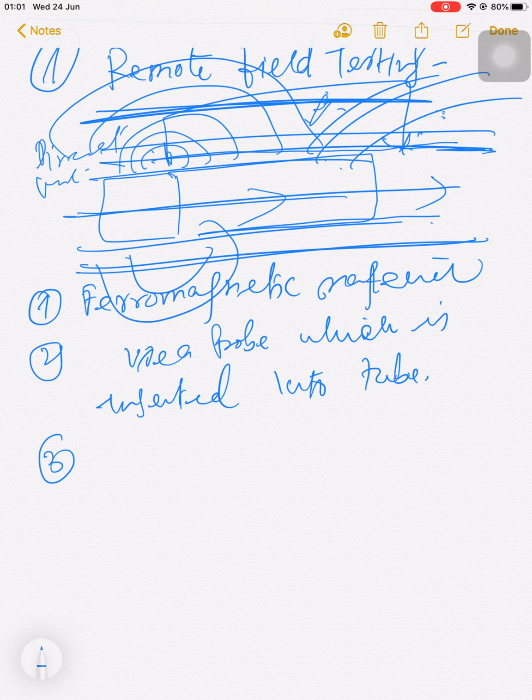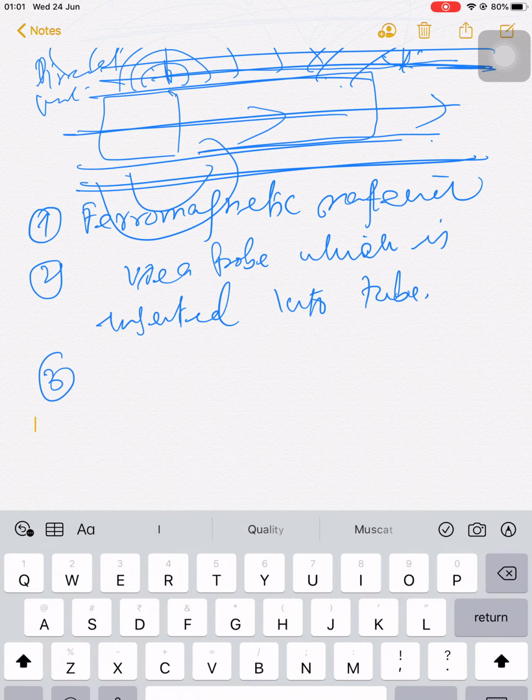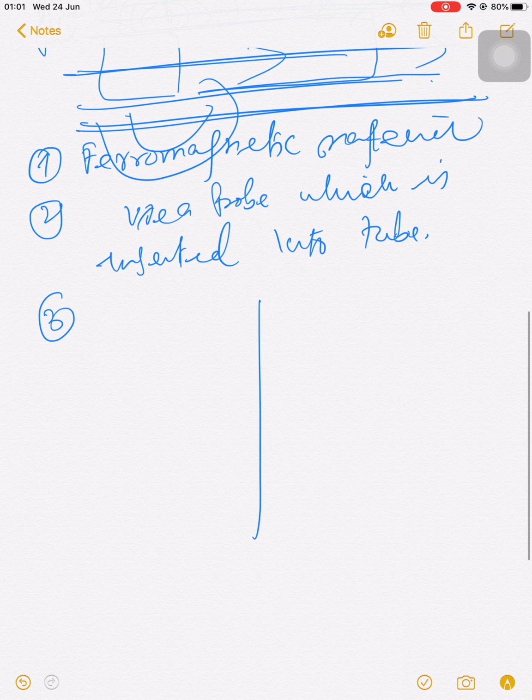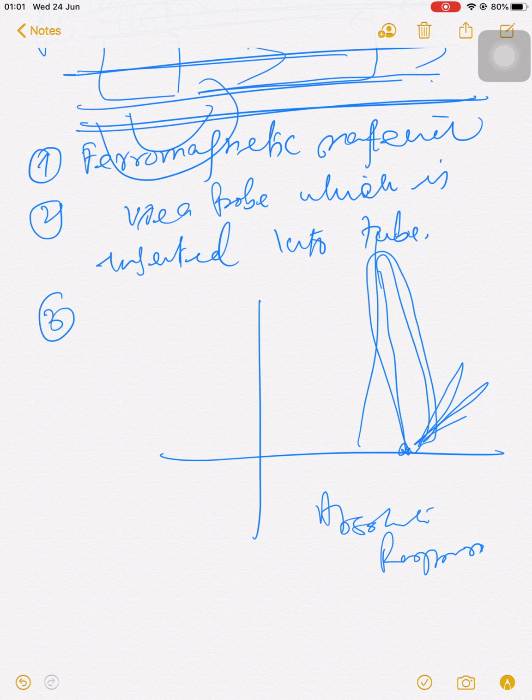So how does it work? Absolute response behaves like this.